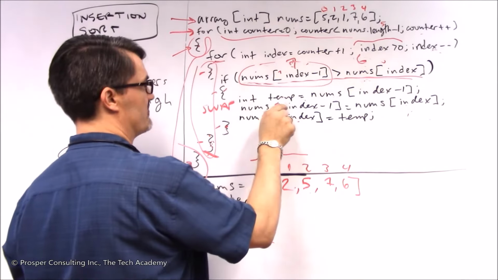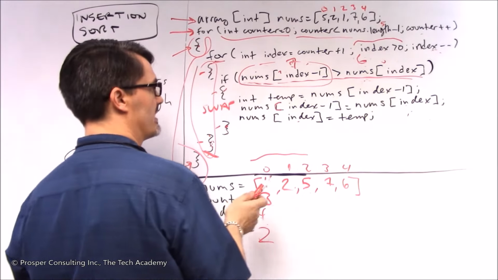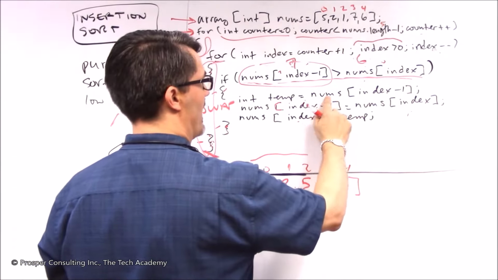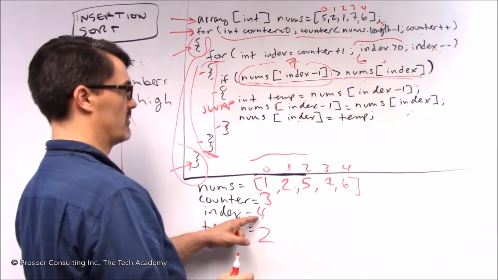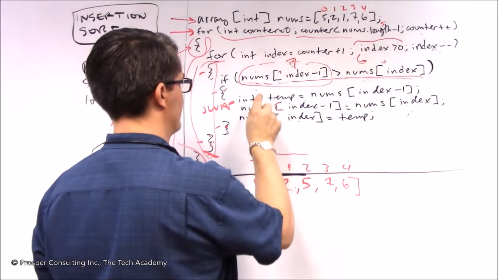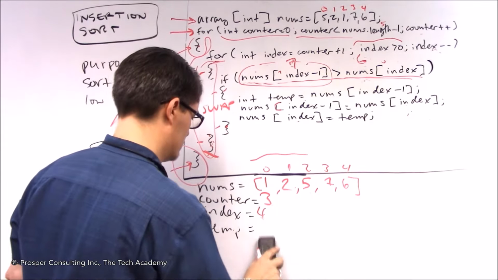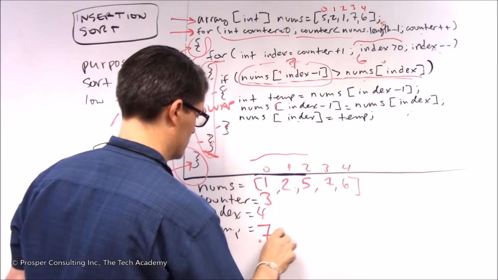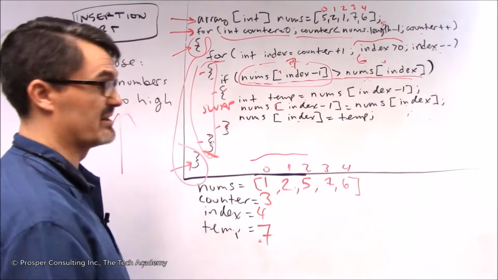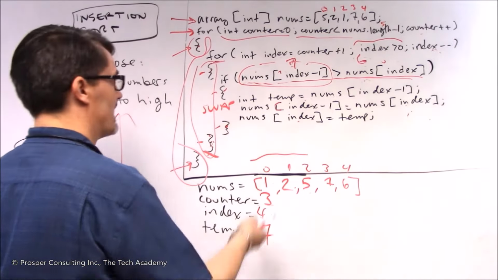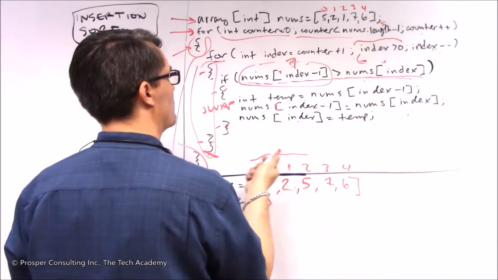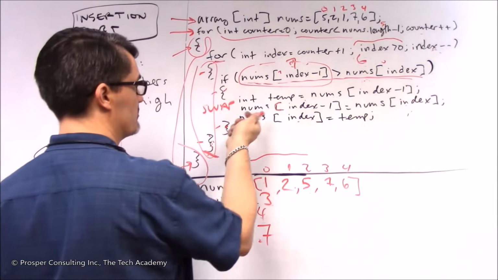First thing we do is set up this integer variable called temp, and we make it equal to whatever's at the array, position 4 minus 1 is 3. Position 3 is a 7, so temp becomes 7. It's been sitting there as 2 the whole time, but it didn't matter. We didn't use it for anything. Now it's 7. Great, so we set up this variable. Now let's do this swap.